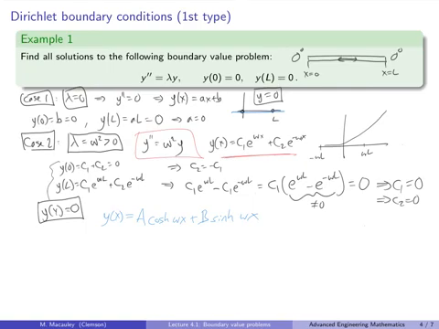Let me remind you that Euler's formula says e to the ix equals cosine of x plus i sine of x. Cosine of x is e to the ix plus e to the negative ix over 2.